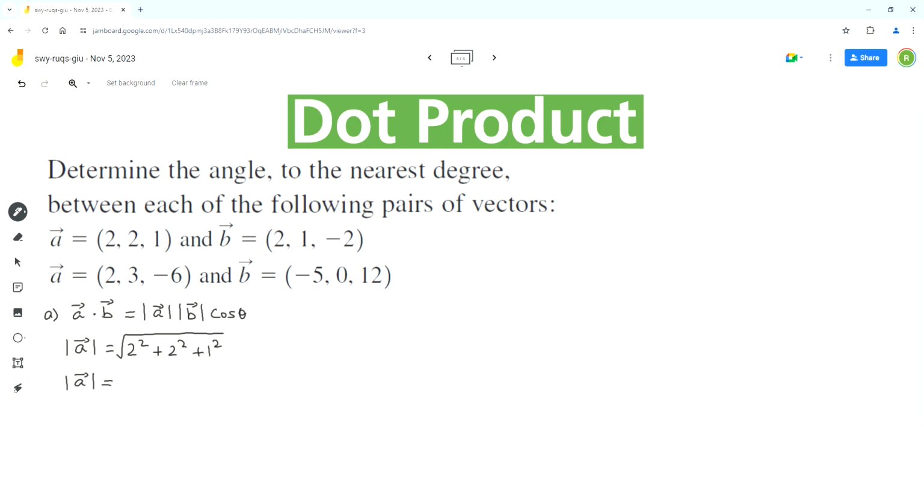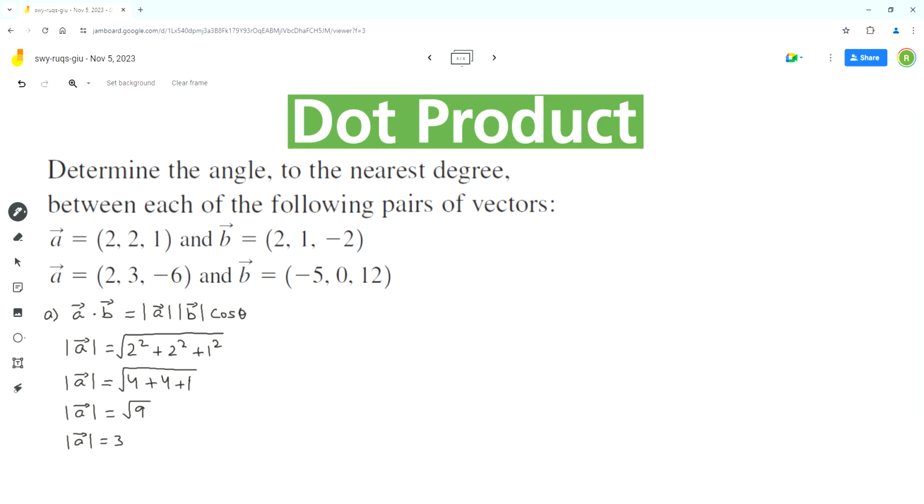So 2 square is 4 and 1 square is 1. And square root of 9 is 3. So this is the magnitude of vector A.